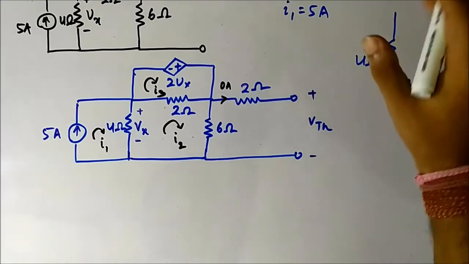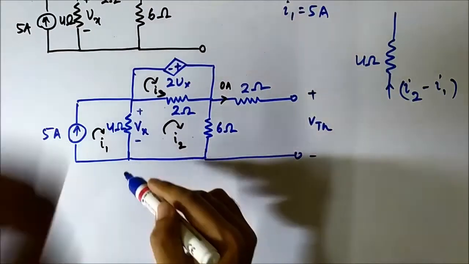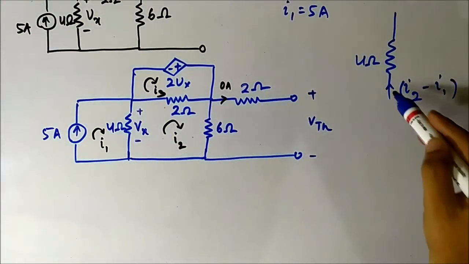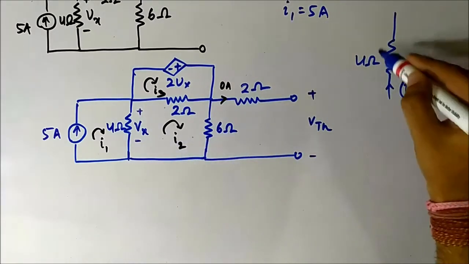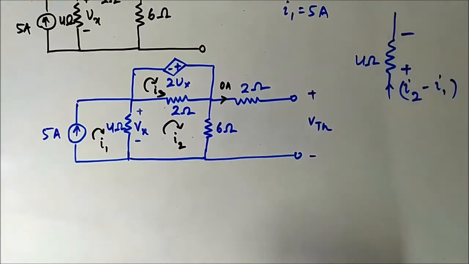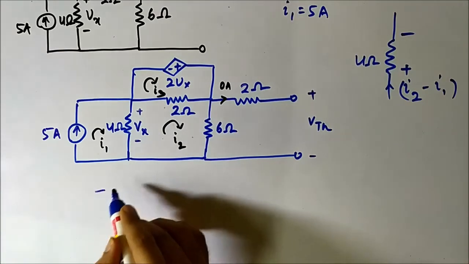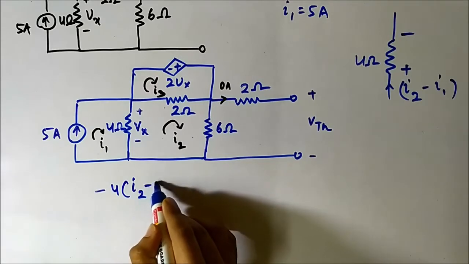I2 is moving upwards, I1 is moving downwards, so the net current moving upwards will be I2 minus I1, because I2 is the reference. This is the 4 ohm resistor, and the voltage drop will be minus 4 into I2 minus I1.